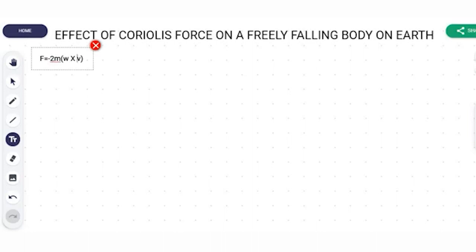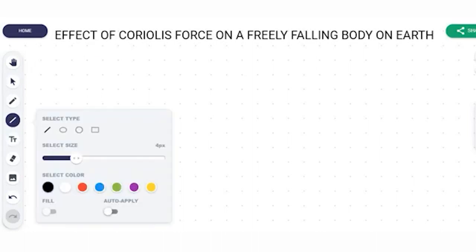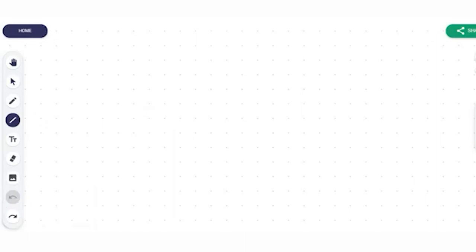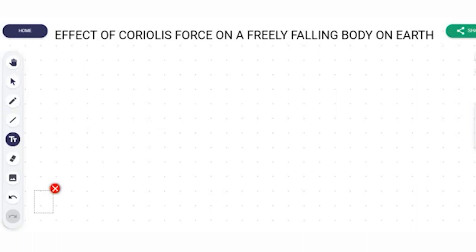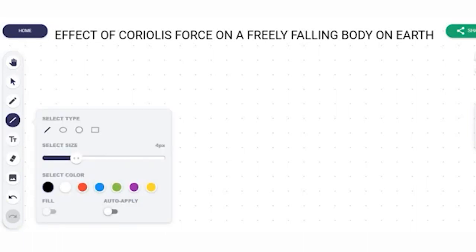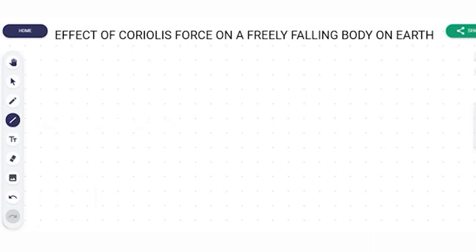Next we assume a coordinate system. I can express my coordinate system by drawing a line like this, and I have to put arrows indicating the directions.